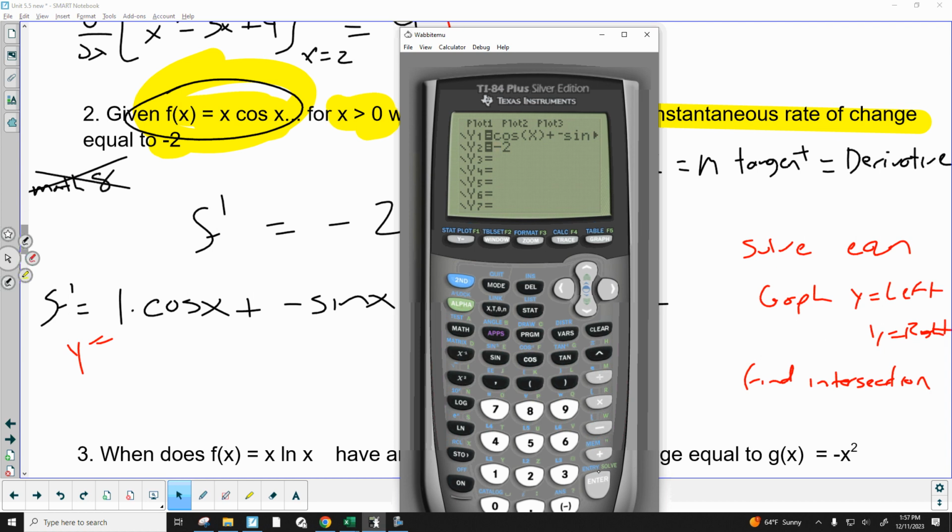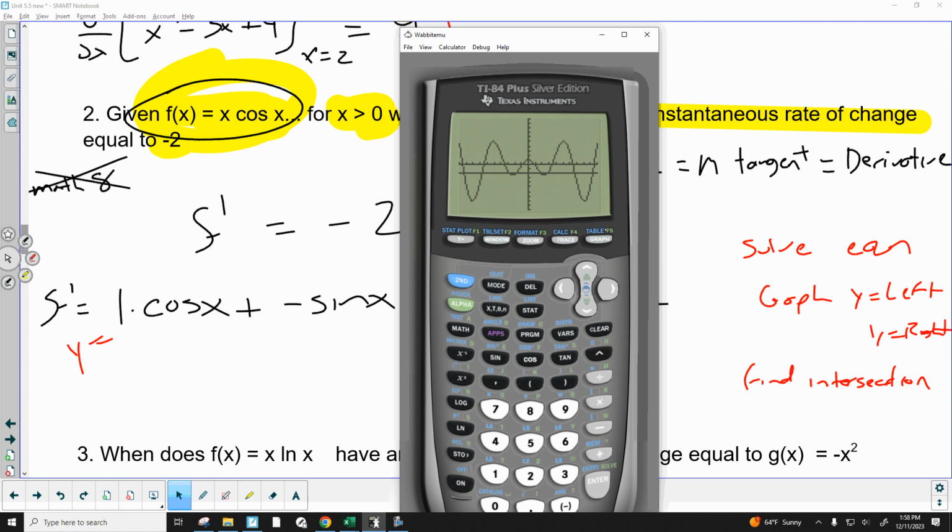Oh, I used a minus sign instead of a negative symbol. It does not like the minus sign, it likes the negative. So, heads up, if you ever get errors, have your calculator go to the error. You will see these errors when you graph and you change your windows. You'll have these dimension errors. Go to the error. See what exactly is wrong.